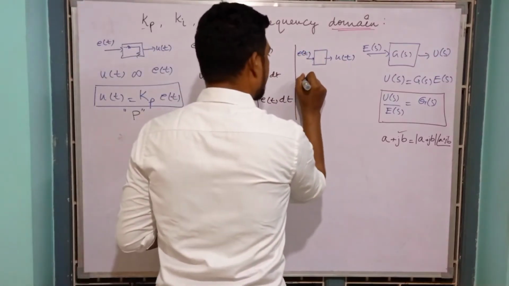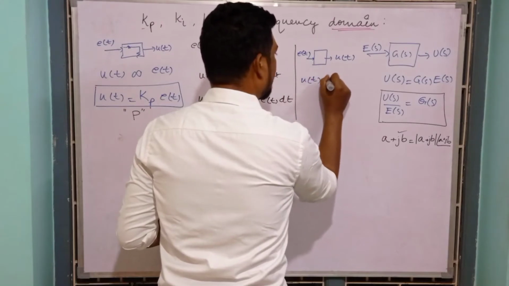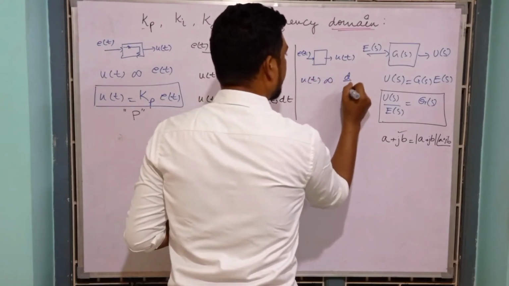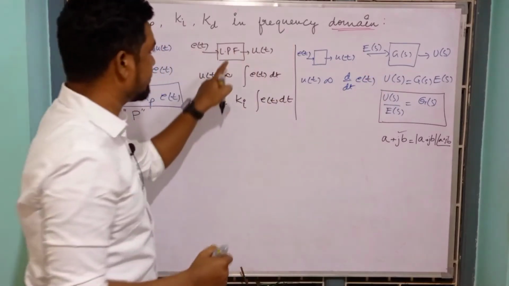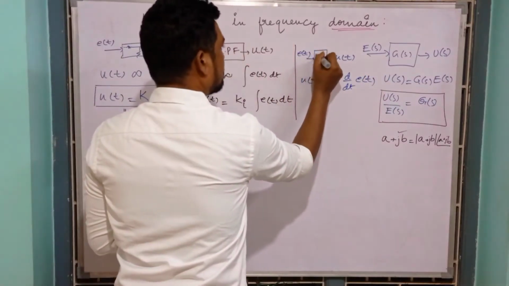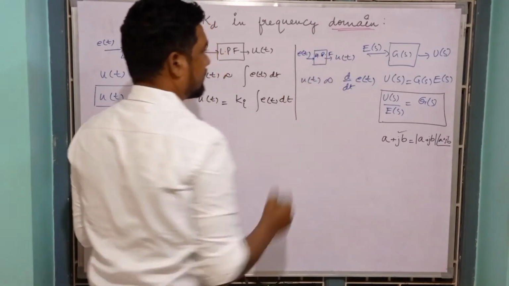What I say is u of t is directly proportional to the first derivative d by dt of e of t. Just reverse this one. High pass filter, we can prove that with some derivations.